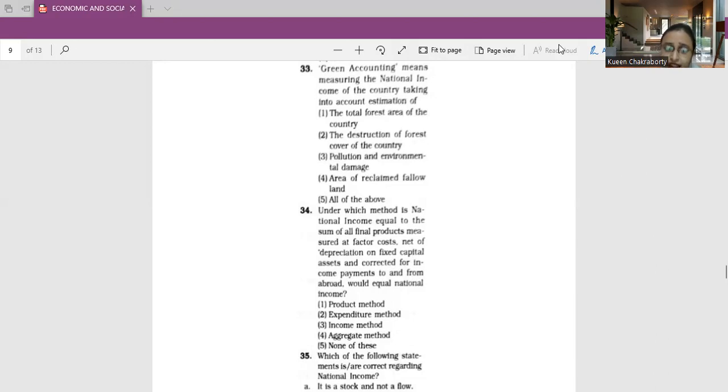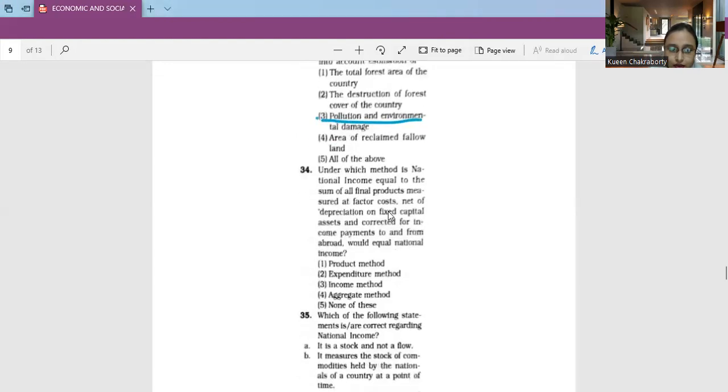Accordingly, it is a measure of sustainable income level that can be secured without decreasing the stock of the natural assets. So I will be choosing option number three as the correct answer, that is pollution and environmental damage. I will mark this as the correct answer.